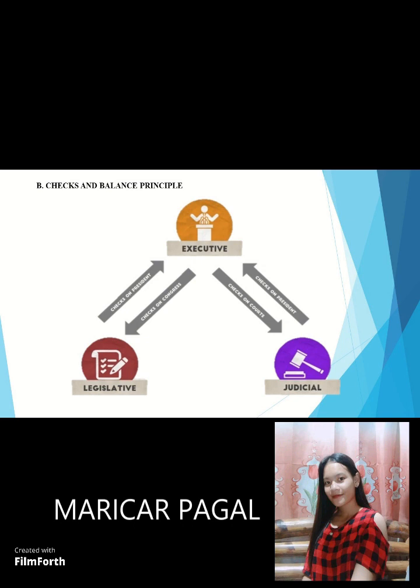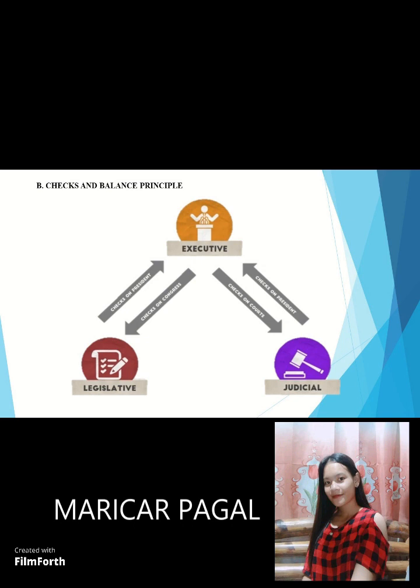Here are some examples of how these principles work. 1. The president of the executive branch is given the power to veto or reject a bill drafted by the legislative branch, especially if the president sees it as threatening to society. 2. The Senate of the legislative branch can administer impeachment to the president for committing impeachable offenses such as treason or bribery. 3.